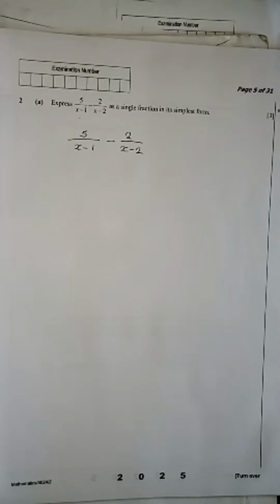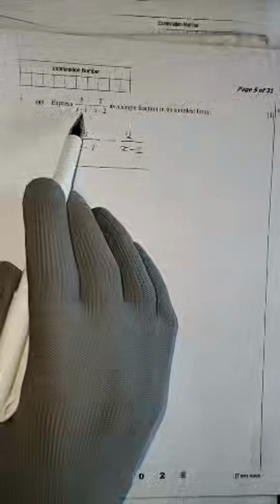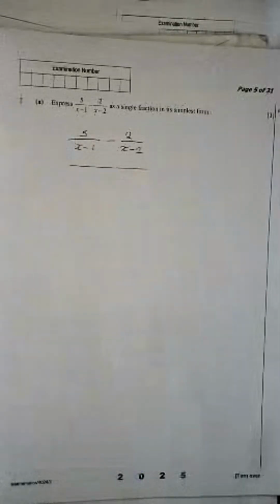So when you're given such a question, it's very simple to solve. The first thing is to check on the denominator if you have what is common.